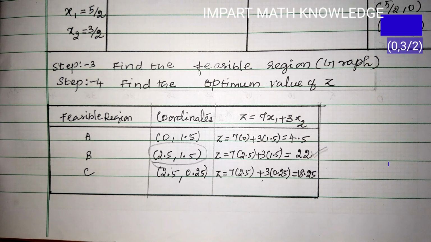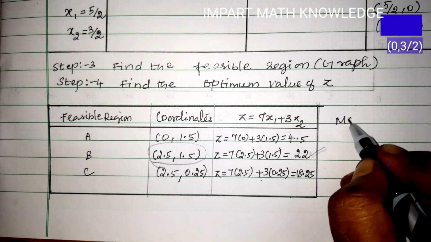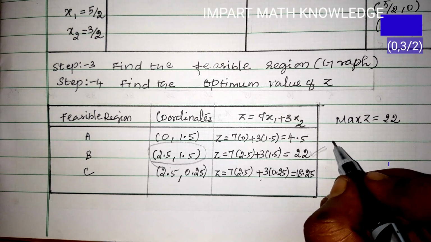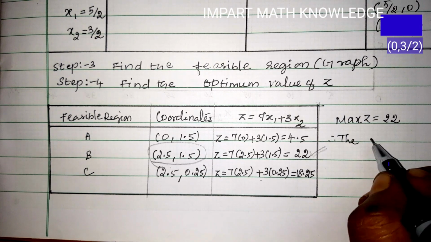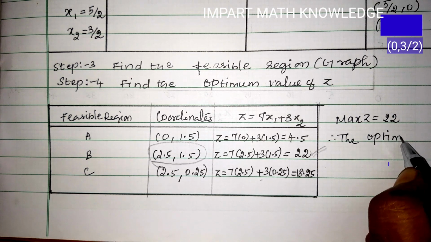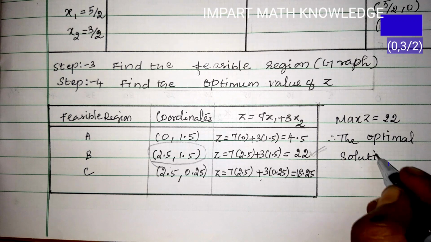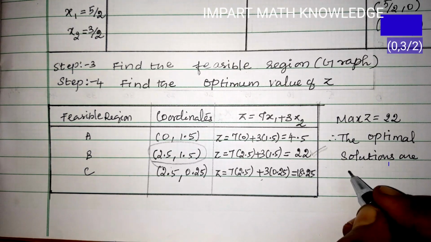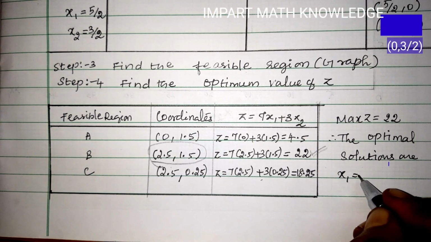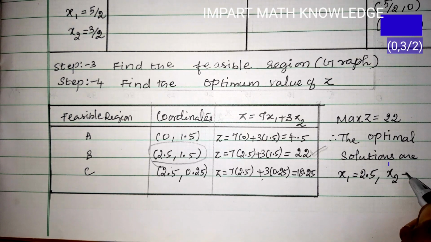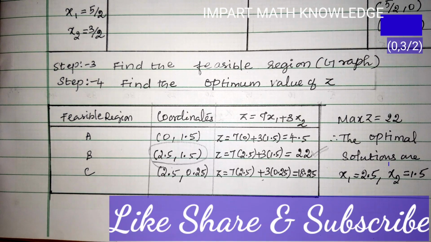Let me write: Max Z is equal to 22. Therefore, the optimal solutions are x1 is equal to 2.5, x2 is equal to 1.5.